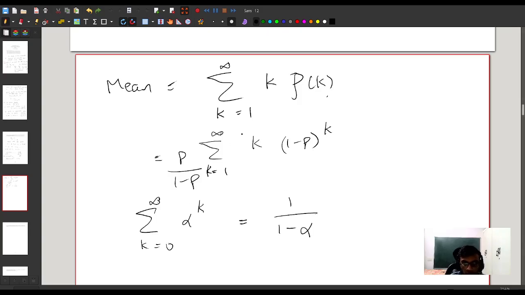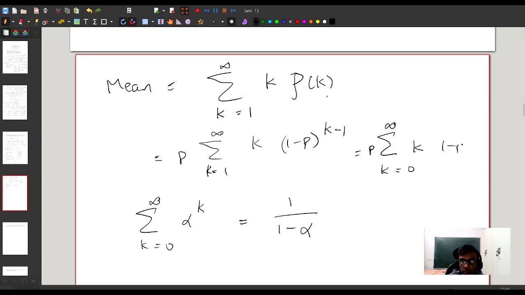Let me slightly change the index, just redefine the index, so it's going to be k times (1 minus p) to the k.